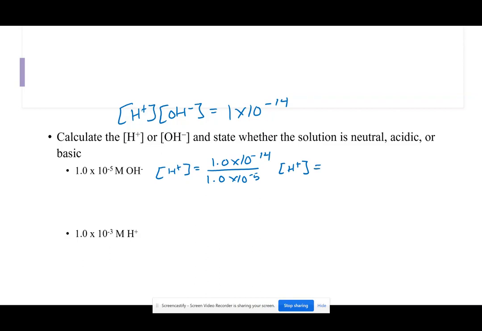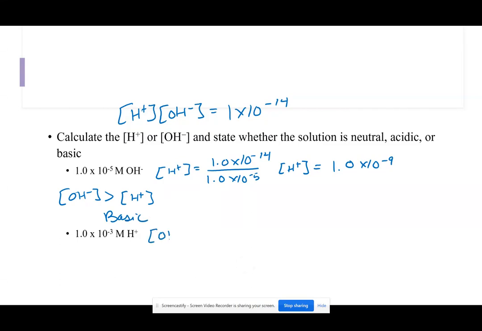Solving that, I get a hydrogen ion concentration of 1 times 10 to the negative 9. My hydroxide is 1 times 10 to the negative 5. These are negative exponents, so when identifying the bigger one, negative 5 is bigger than negative 9. So I have a hydroxide concentration greater than a hydrogen concentration, so I have a basic solution.